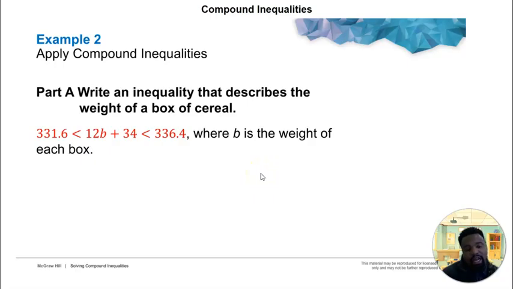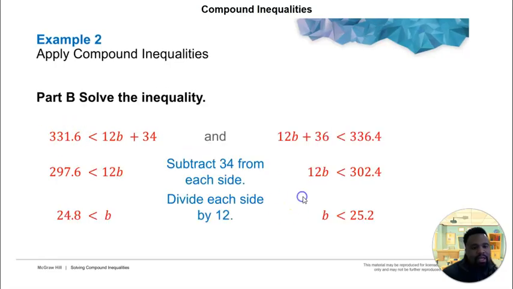Now go ahead and solve this compound inequality. Ignore this part, solve this, and then ignore this part and solve that. We solve the left part: subtract 34 from both sides, and that gives you 297.6. Divide both sides by 12, 24.8. Now we go to the other side.